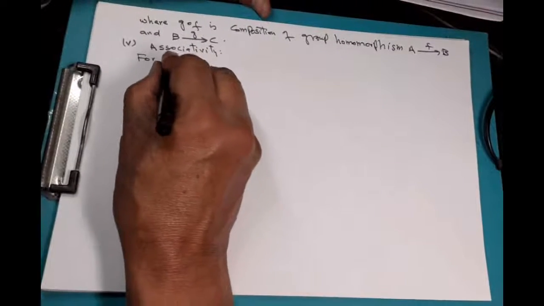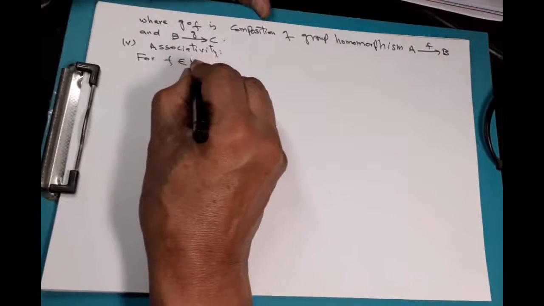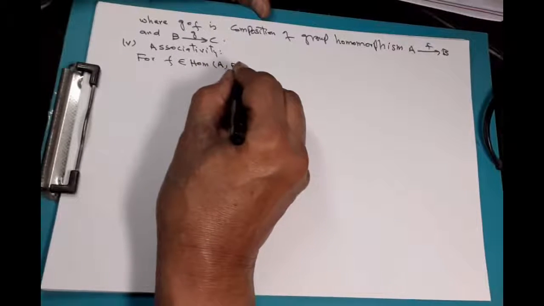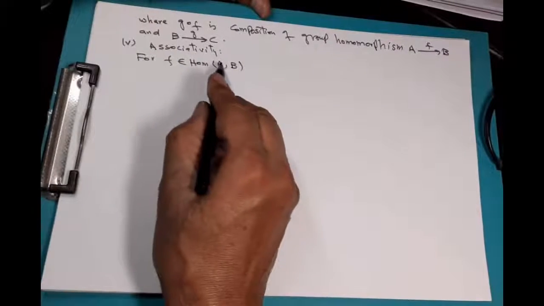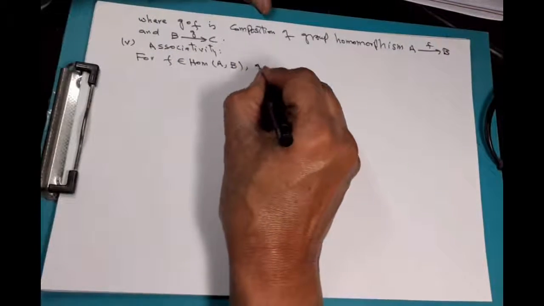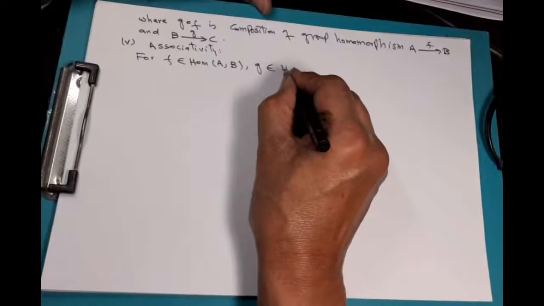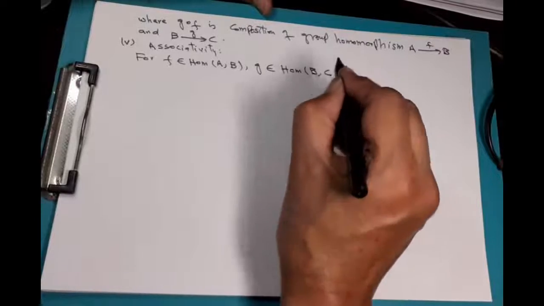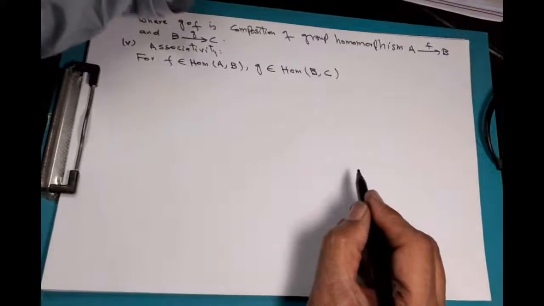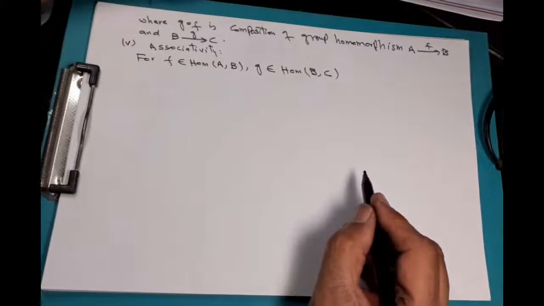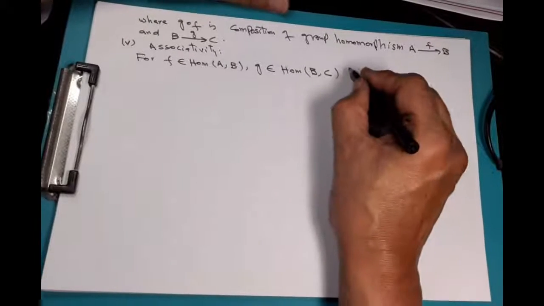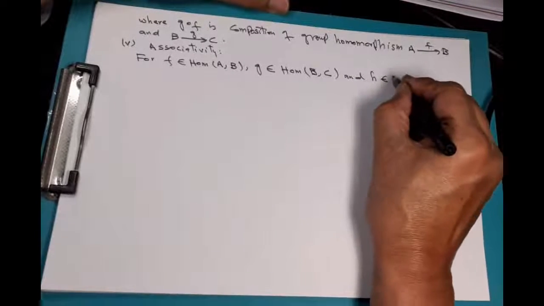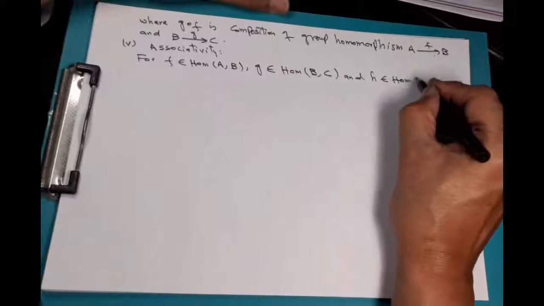So for f belonging to Hom(A,B), this means that f is a group homomorphism from group A to group B, and g belonging to Hom(B,C), this means g is a group homomorphism from domain B to codomain C, and h belonging to Hom(C,D).